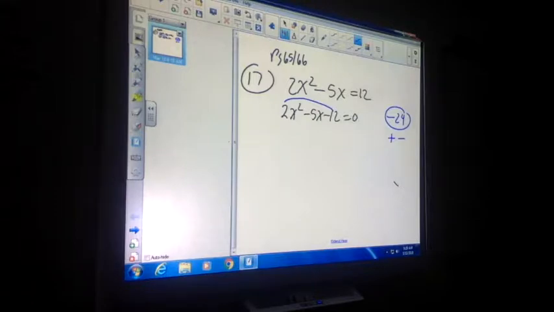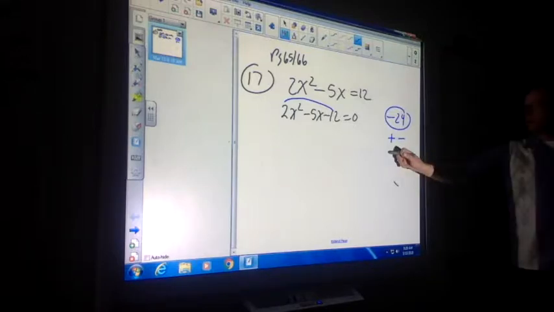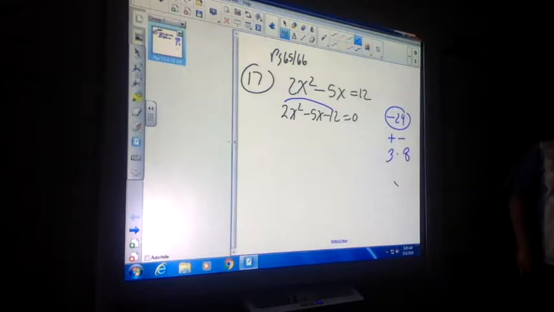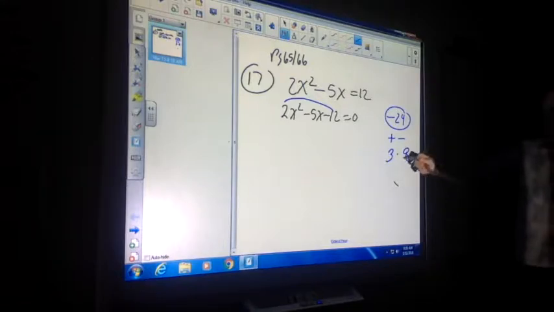So 1 and 24, that's not going to help, right? 2 and 12, oh, no. The closest I can get to negative 5 would be 10 or negative 10, right? 3 and 8? Yeah, 3 and 8 would work. Everyone agree here? So I have 3 and 8. Which one has to be negative so when I add them it gives me negative 5? 8, okay.